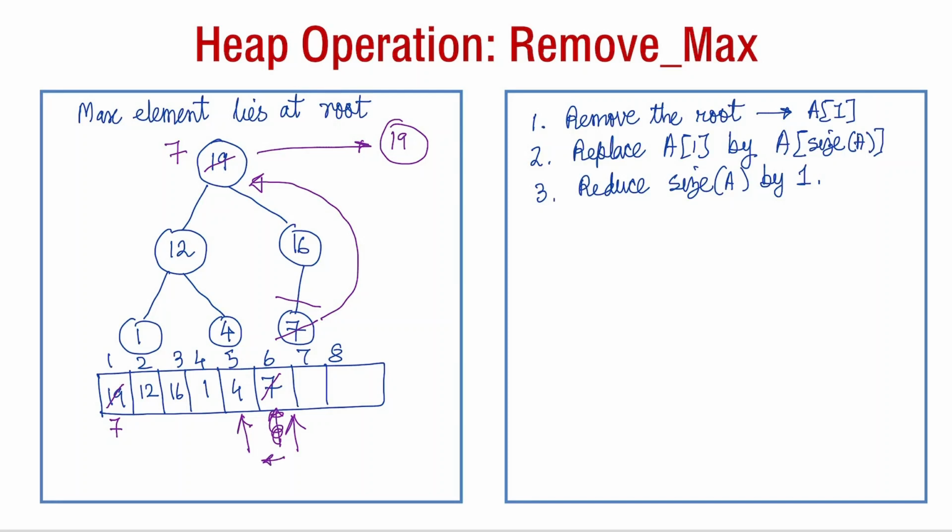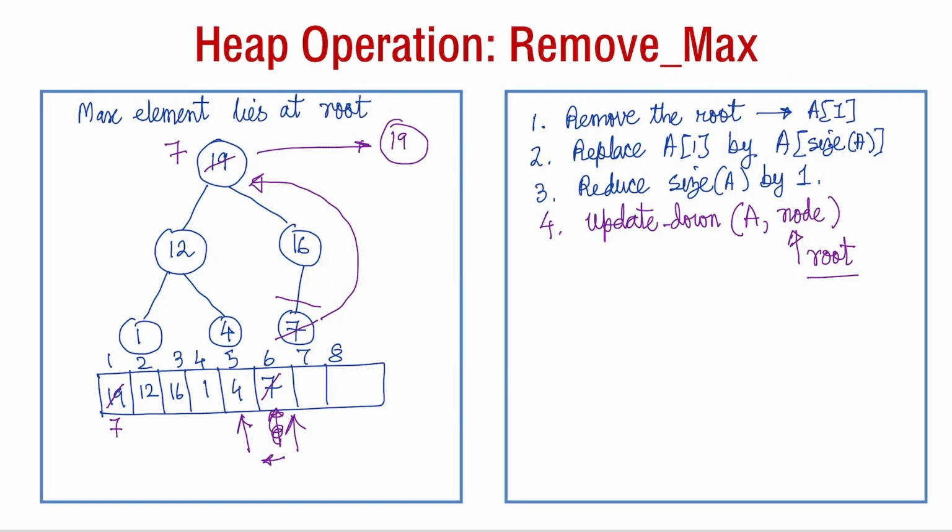But this does not have the heap property. So now we have to update the heap property. But this updation is no longer an updation from the bottom to the top, but an updation from the top to the bottom. So this will be an update down of a node. This node here in this case will be the root.